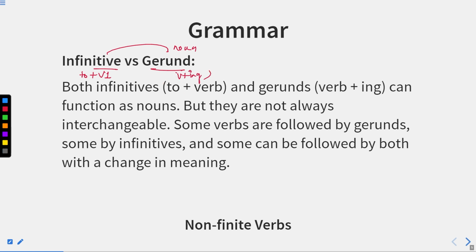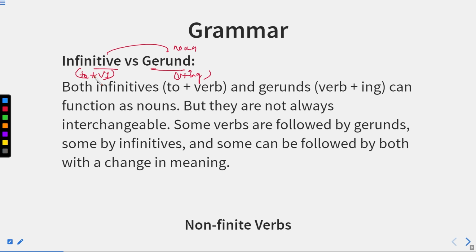Now we know well that if we see two words written over there, we can identify which one is infinitive and which one is gerund very easily with the help of the structure of that particular phrase. But if there is only a sentence and we are given a blank after that particular verb, and we are asked whether to use infinitive or gerund over here, then we might get confused.